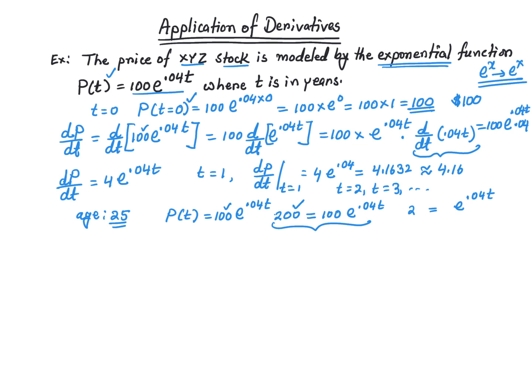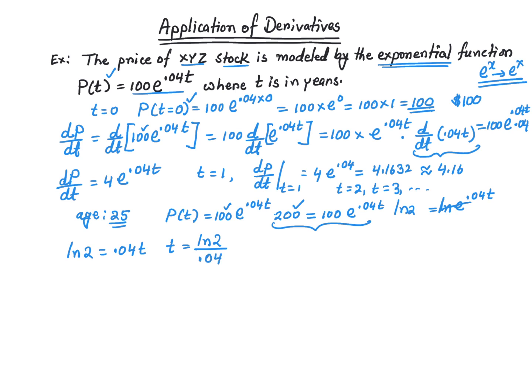This is an exponential function, so I'm going to take the natural log of both sides, because ln and e are inverses of each other. That's going to give me ln of 2 is equal to 0.04 times t, because ln and e cancel. If I solve for t, that's going to give me ln of 2 divided by 0.04.